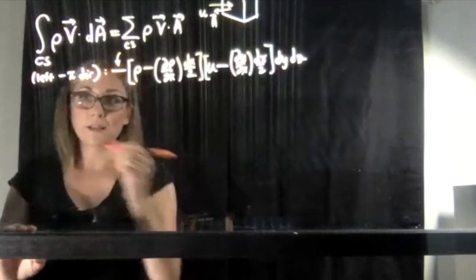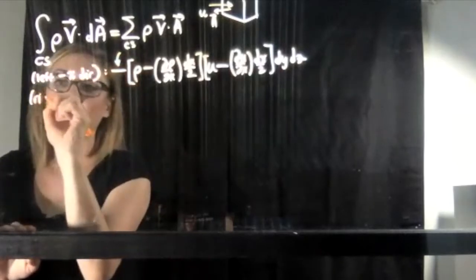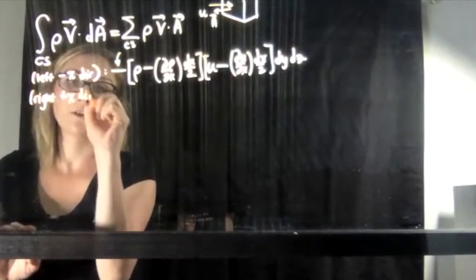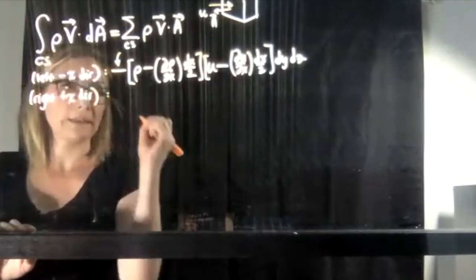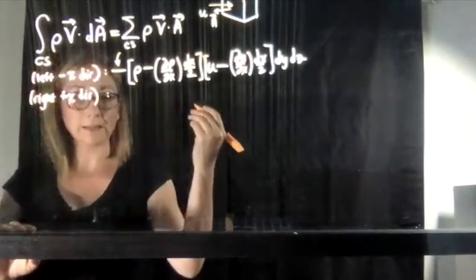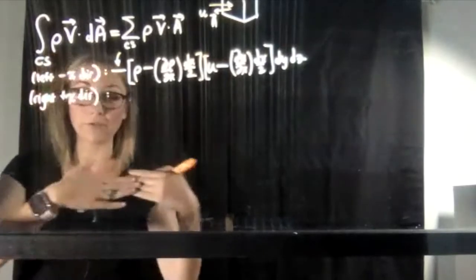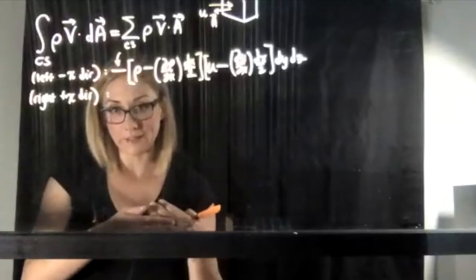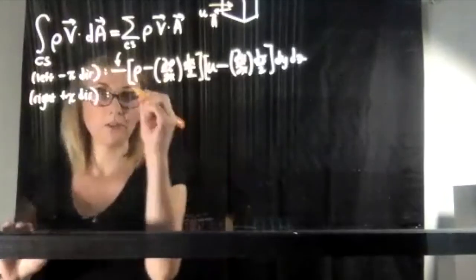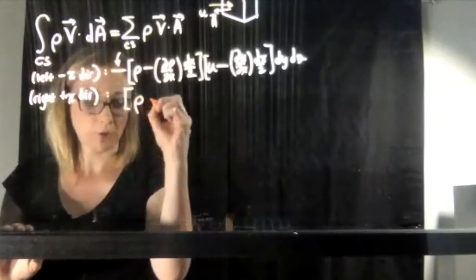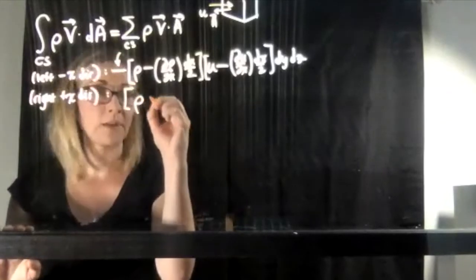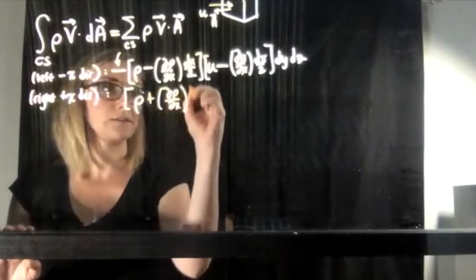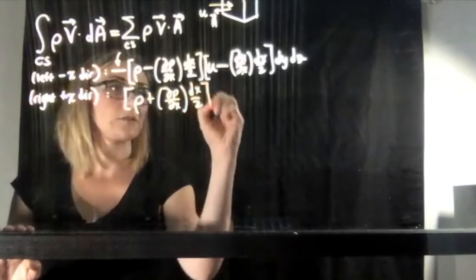Okay, so let's take a look at the right side of our cube, which is the positive x direction. And that's going to look like positive. So, right, we have our velocity and our area pointed in the same direction. So we have a positive rho plus the differential of rho with respect to x, dx over 2.